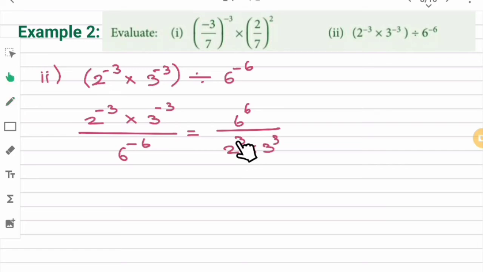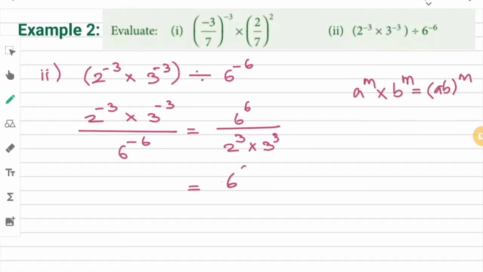You may notice they are having a same power. That means a power m into b power m can be written as ab to the power m, right? So I am going to write it as 6 power 6 by 2 into 3 the whole power 3.